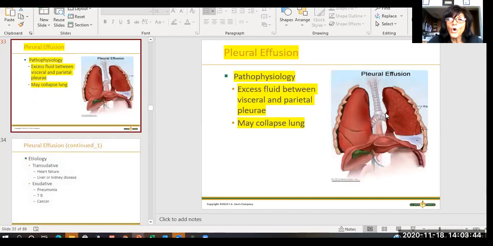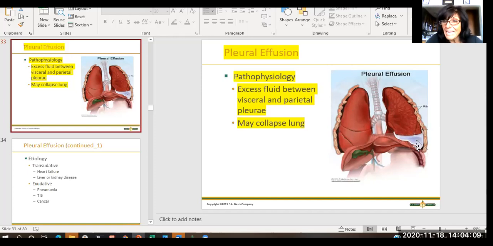Then we have a pleural effusion, okay? Effusion means a rush of a fluid into a place where the fluid's not supposed to be. In this case, there's fluid that's in between the visceral and the parietal pleura. So fluid, like here's a good picture. This is normal. And then here, this fluid is in the space between the lung and the pleura.